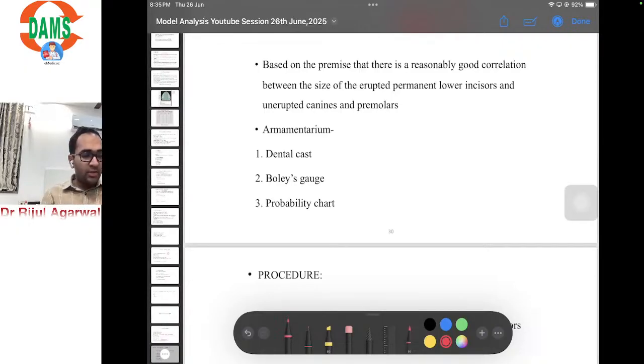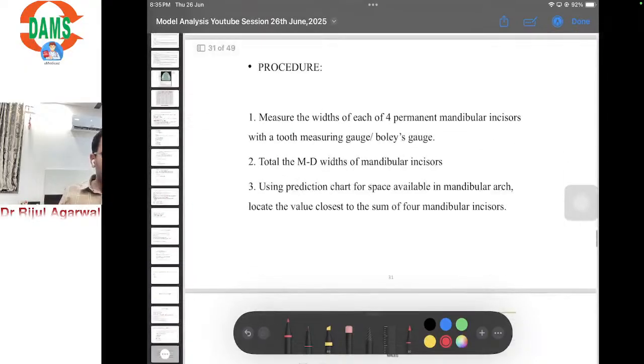Just remember this gauge name, because in Moyers it's Bowley's gauge. Later on the gauge will change because this was recommended by the author who gave the analysis. So that becomes a question for your exam. Though they cannot ask you a probability chart based question, since you don't remember the probability chart, they ask you these kinds of questions.